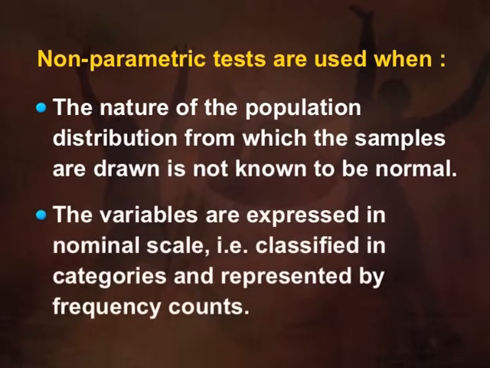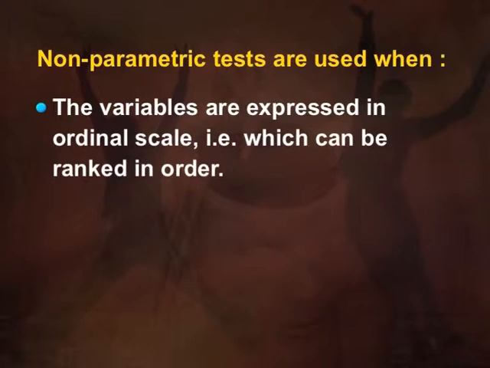The variables are expressed in nominal scale, that is, classified in categories and represented by frequency counts. The variables are expressed in ordinal scale, that is, which can be ranked in order.